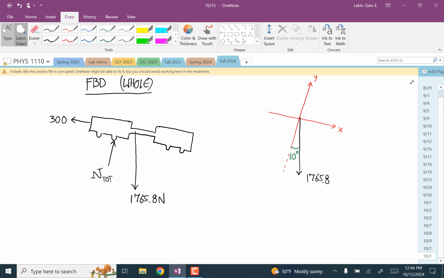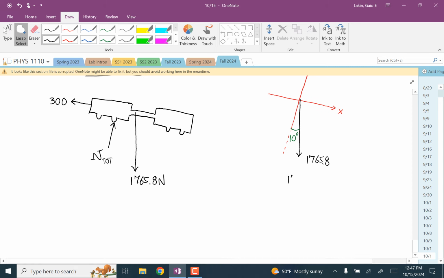So we know the angle we're going to use for cosine and sine is going to be either 270 minus 10 or 270 plus 10. So is it going to be 260 or 280 here? Start at the x-axis, go around, you hit 270 and then have to go 10 degrees farther to get to the vector. So this is going to be 280.